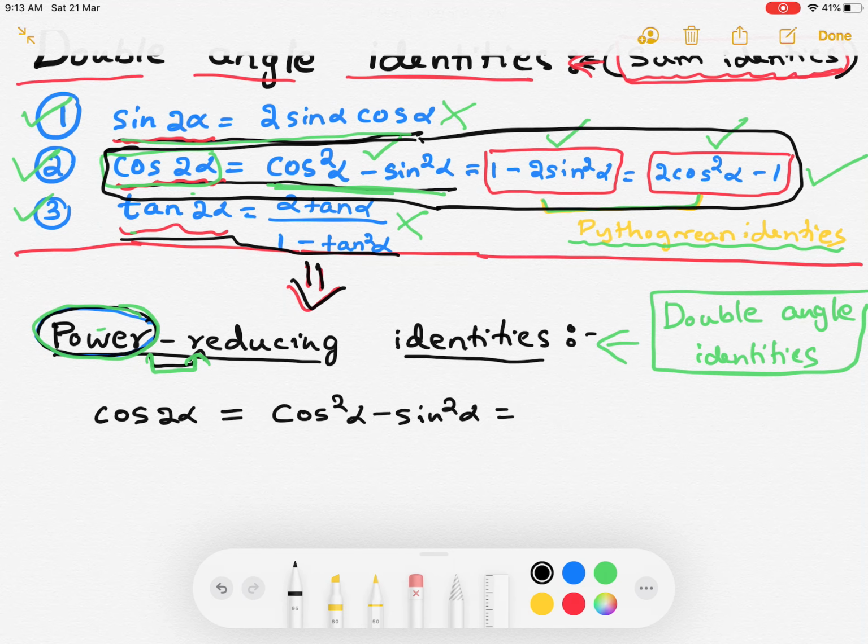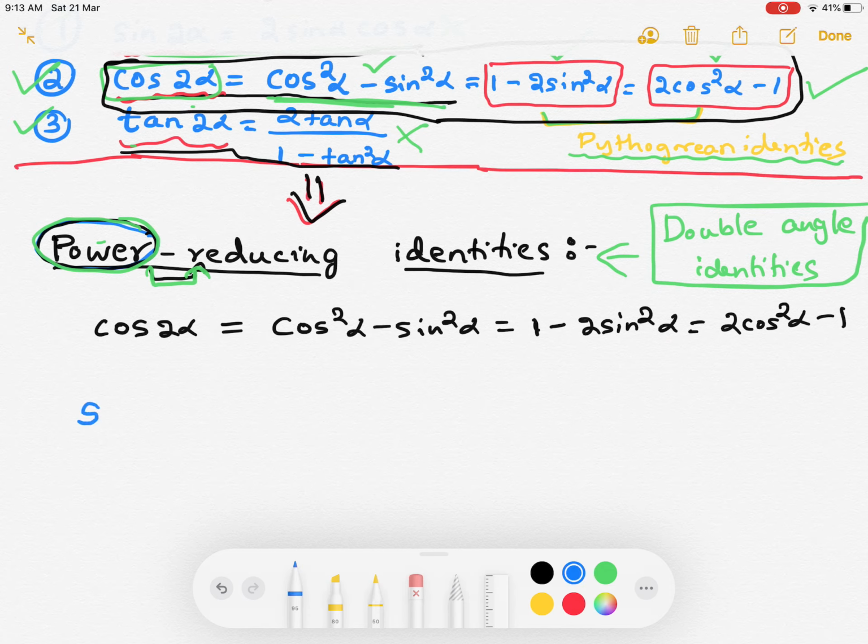is equal to 1 minus 2 sine square alpha is equal to 2 cosine square alpha minus 1. Now we want the power reducing identities. For the sine we have power, for the cosine also cosine square.